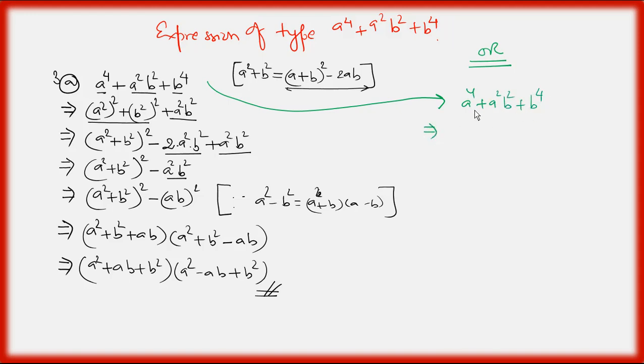In this case you can develop the pattern: a square whole square plus 2 a square b square plus b square whole square, but here there is only a square b square. We have written 2a square b square, which means if we subtract a square b square, then the first and second steps are the same.